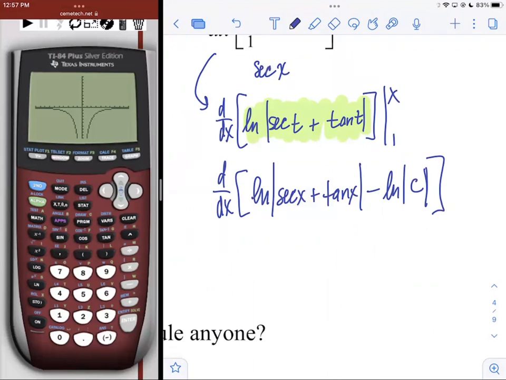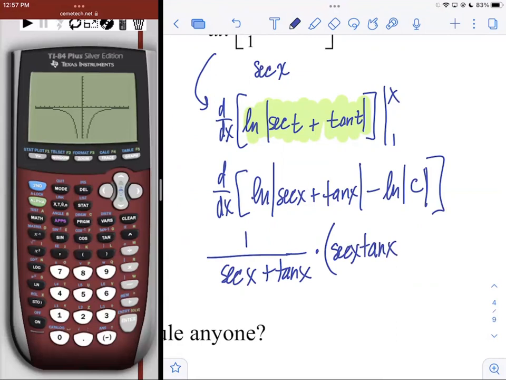When you take the derivative of the natural log of the absolute value of blob, what happens with the absolute values? They go away. And remember, it's 1 over the blob times the chain rule, the derivative of the blob. Well, it's 2 terms. What's the derivative of secant? Secant x tangent x, just like the antiderivative, except they're multiplied, there's no log.